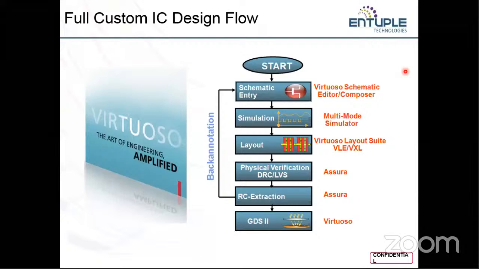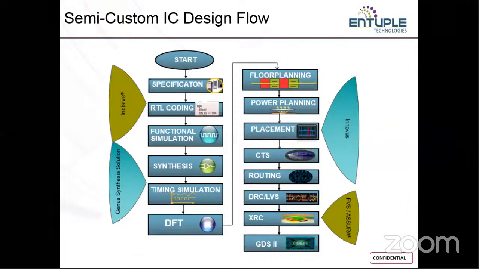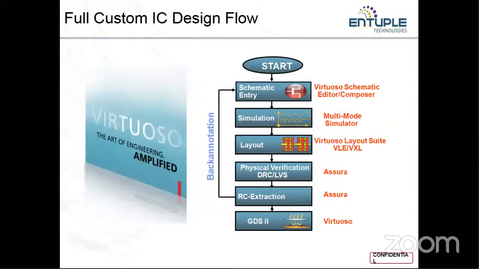GDS stands for graphical data stream, and II stands for information interchange. This provides you with the information of the layout, layer map file, ports, etc. Virtuoso is made use of for GDS file generation. So this is about the full custom IC design flow.